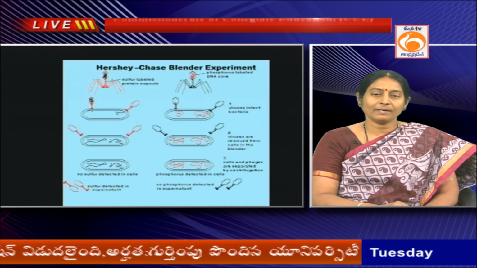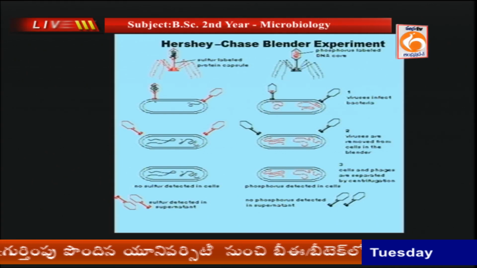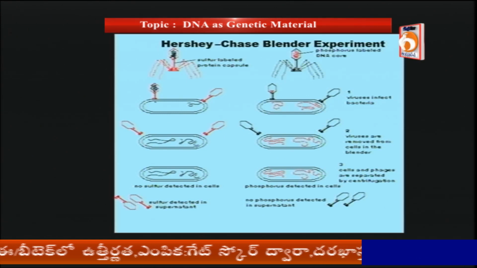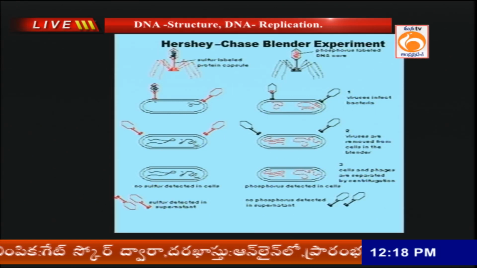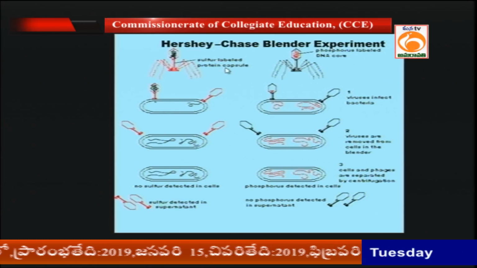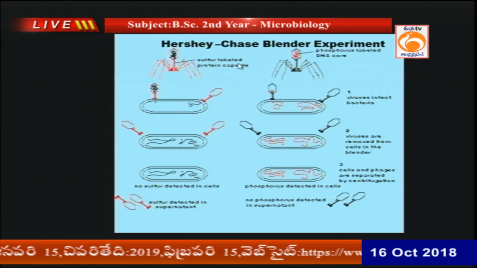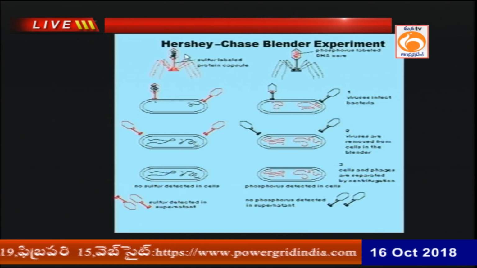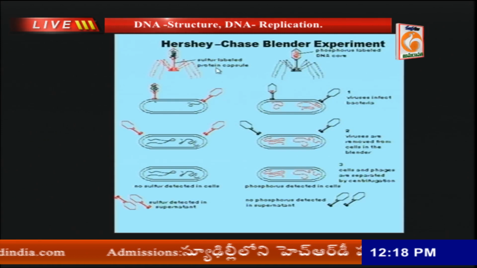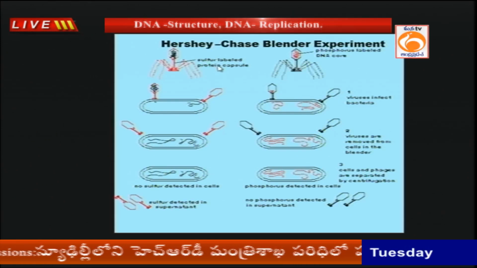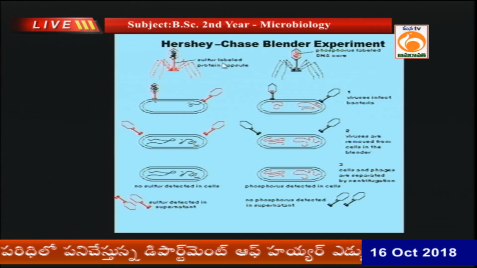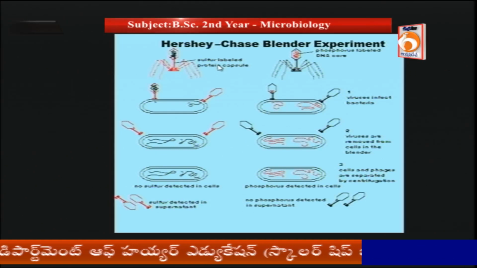This is the experimental setup of Hershey and Chase. Here it clearly shows that in the first part of the experiment, T2 phages were grown in medium containing sulfur 35 radioisotope to label the protein coats of the viruses. This happens because sulfur is a component of certain amino acids, so it is incorporated into the proteins during protein synthesis.